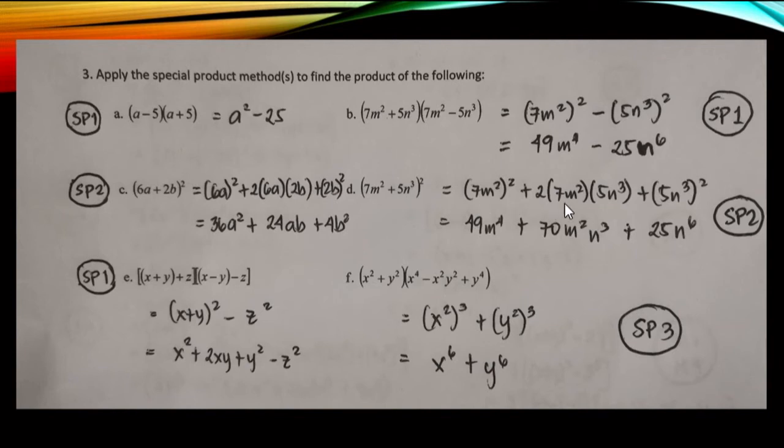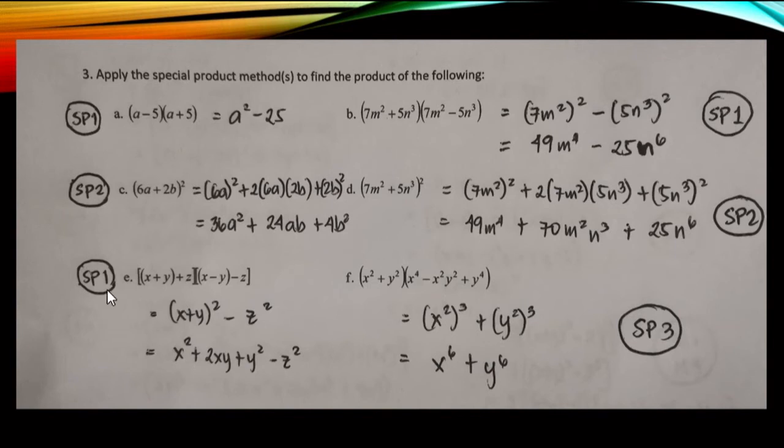So, mahaning 2 times 7m squared times 5n cubed plus the square of the second term. So, simplifying, 7 squared is 49. M squared times 2 is m to the power of 4. Plus 2 times 7 is 14 times 5, that is 70. So, m squared n cubed plus m squared is 25, n to the power of 6.